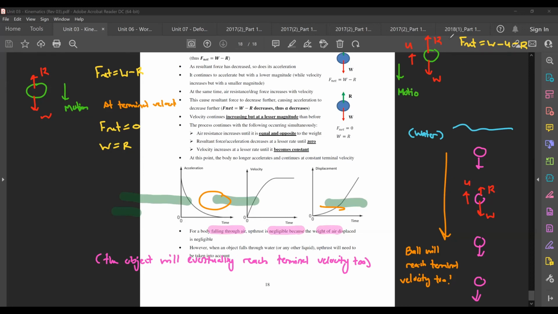But at terminal velocity, your F net would actually be 0. So here, I can say that W must equal U plus R, right? Which is essentially saying that downward force equals upward force. Okay? So this is how you would apply it for something else that moves with terminal velocity.